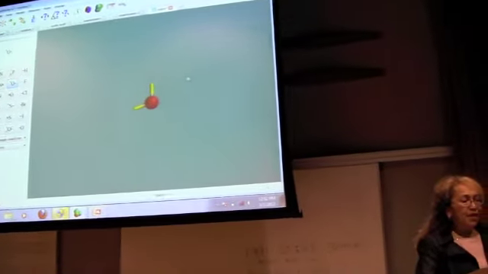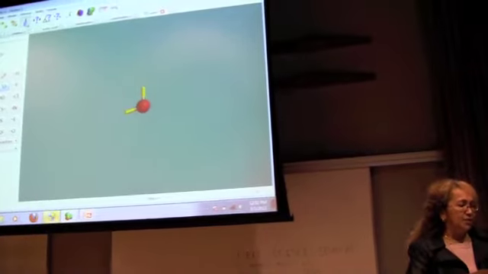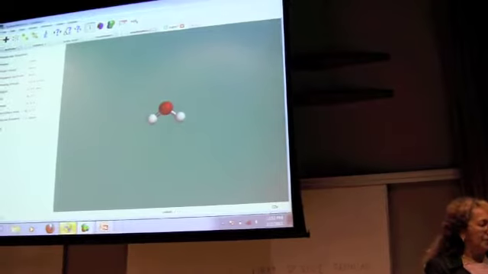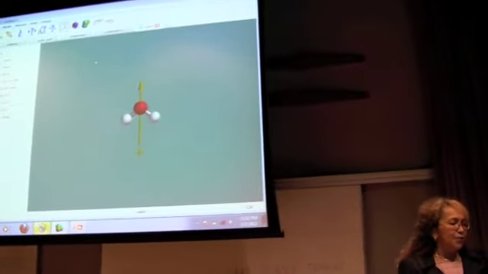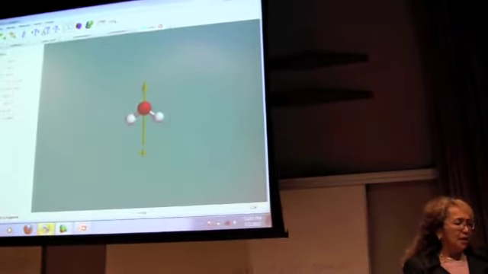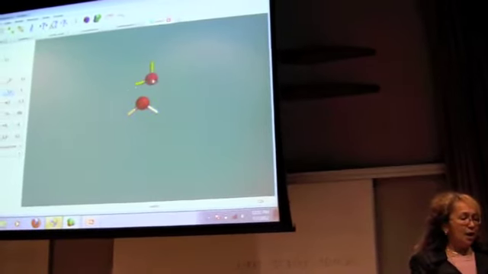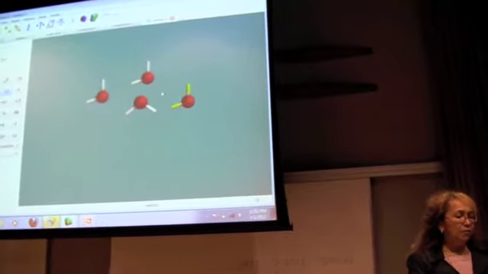So, here is water. I have my infrared spectra, and here it is polar, very nice. So what? Well, let's see what happens. Why does ice float?